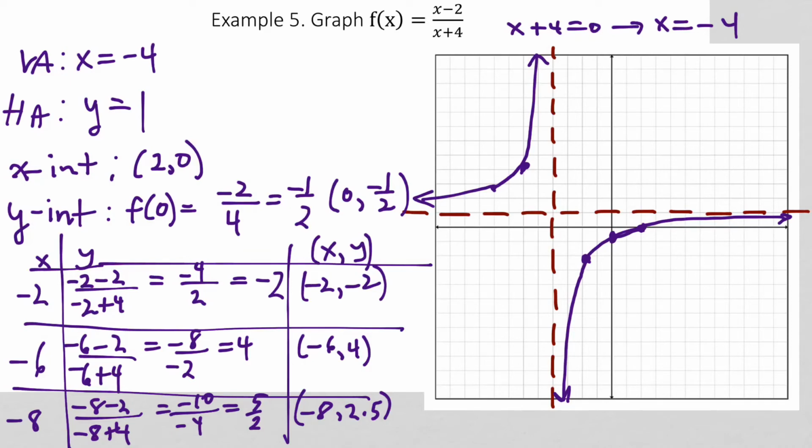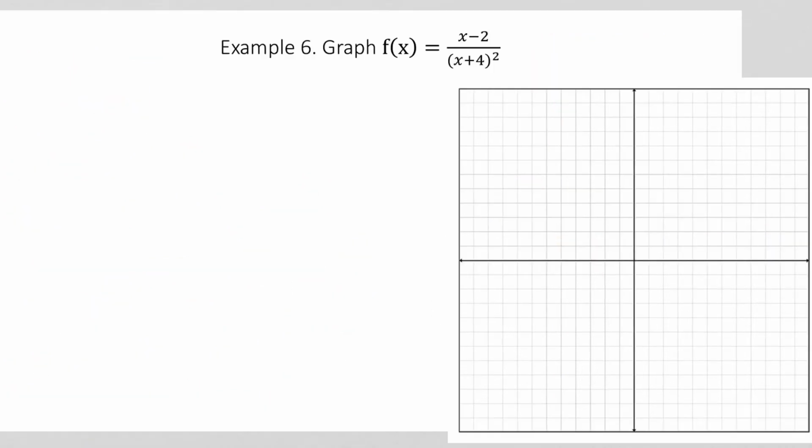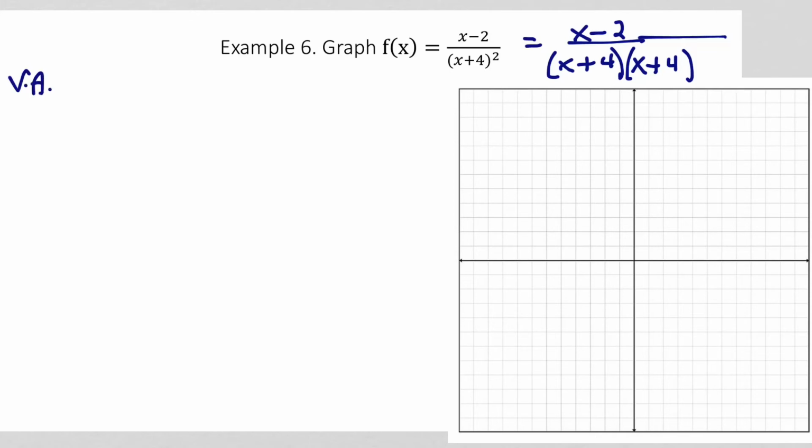Let's try another one. All right, here's another function. We've got x minus 2 divided by x plus 4 times x plus 4. That squared repeat factor in the bottom will cause a little bit of interesting behavior. So let's do the vertical asymptote first.